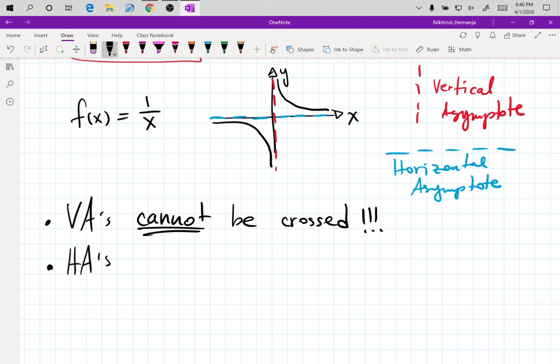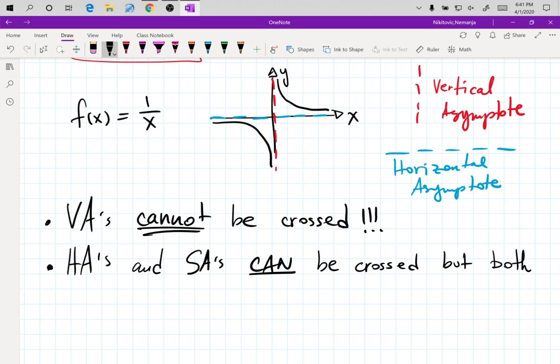Horizontal asymptotes and slant asymptotes can be crossed, but both must be obeyed at infinities.